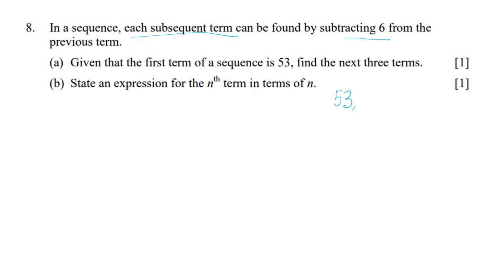So 53 minus 6, what do you get? Yes, you get 47. And then 47, take away 6 again, get 41. 41 take away 6, get 35. Right, so it says to find the next 3 terms. So this will be your next 3 terms.